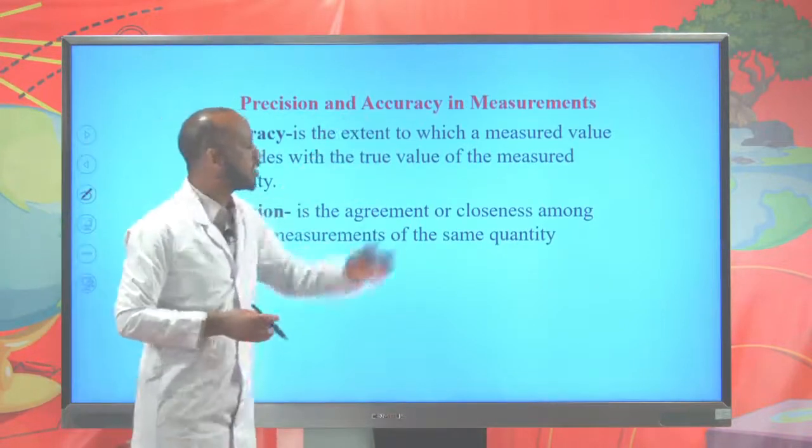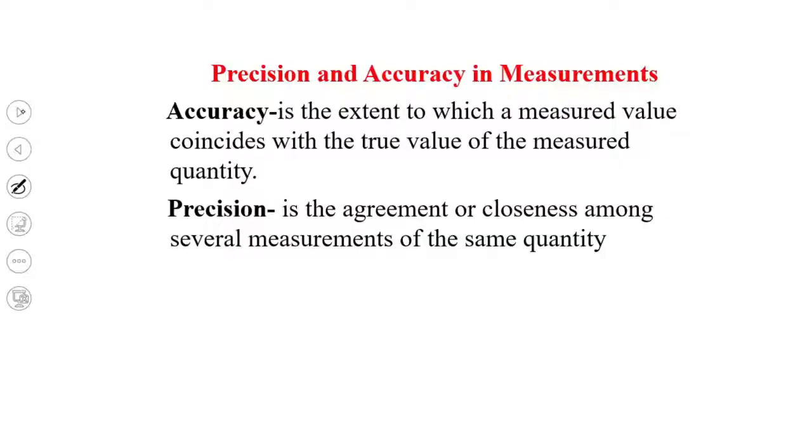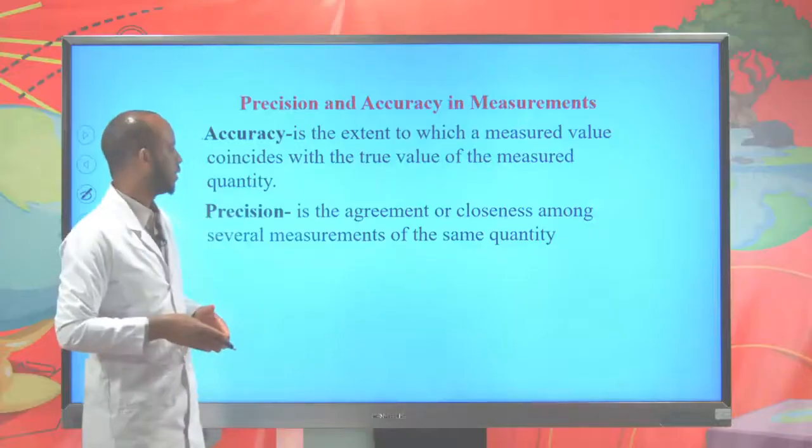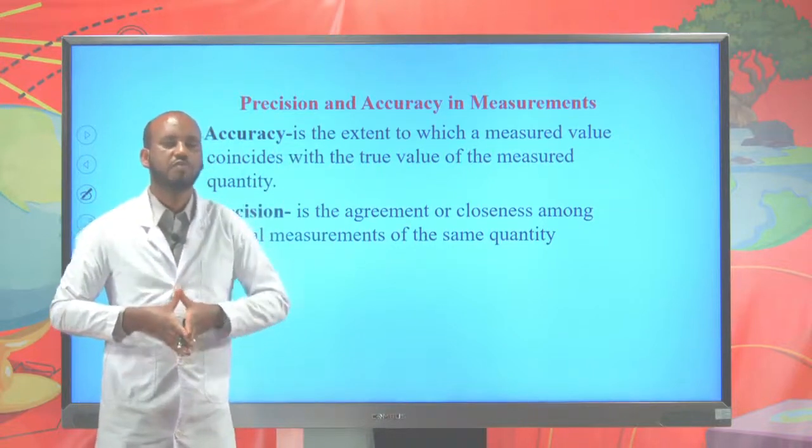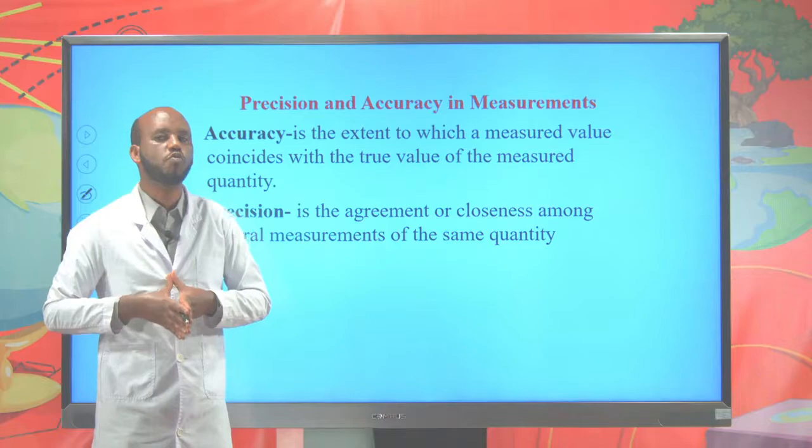Precision and accuracy in measurements. Precision and accuracy are terms which are used to express uncertainty of a measurement. Accuracy is the extent to which a measured value coincides with a true value.